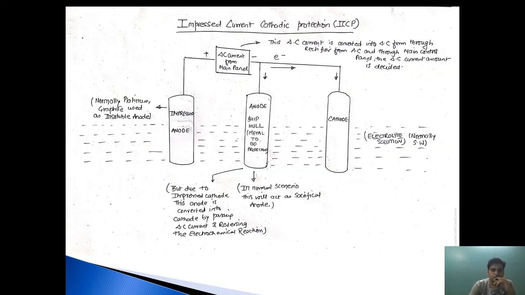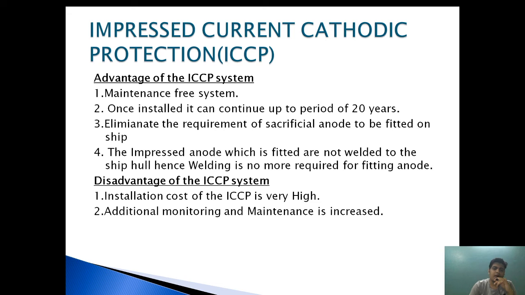Now let's see the advantages of an ICCP system. It is a maintenance free system. Once installed, we don't require any further maintenance, and it can continue up to a period of 20 years. It eliminates the requirement of sacrificial anodes to be fitted on the ship. The impressed anodes which are fitted are not welded to the ship's hull, hence welding is no more required for fitting an anode.